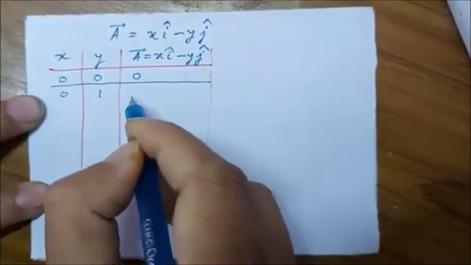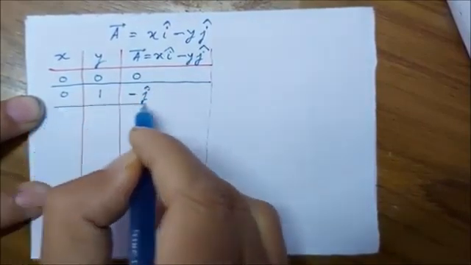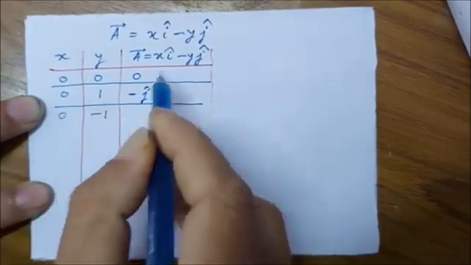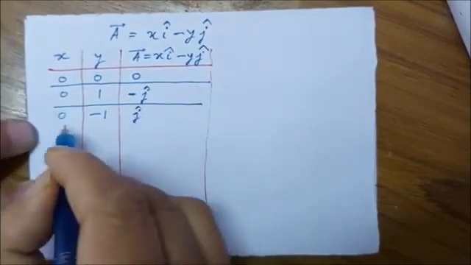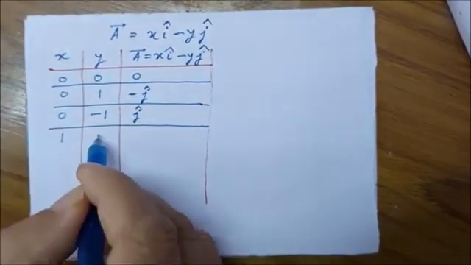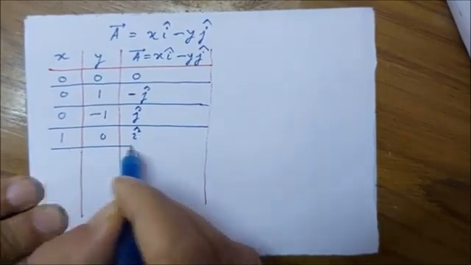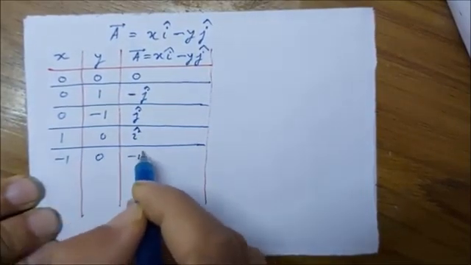For 0, 1, this gives minus j cap. For 0, minus 1, this gives just j cap. For 1, 0, it is i cap. For minus 1, 0, it is minus i cap.